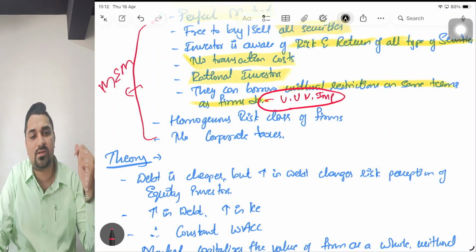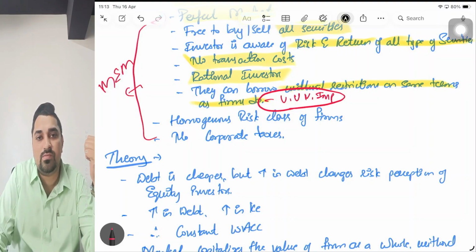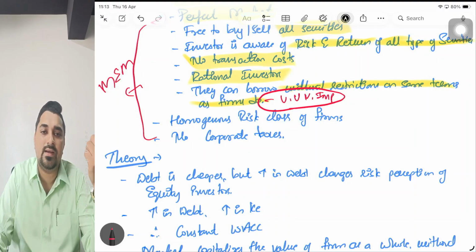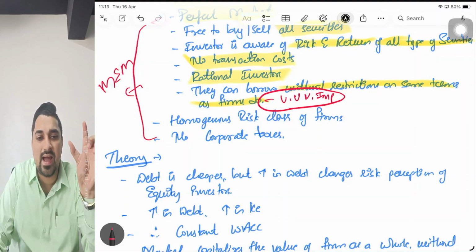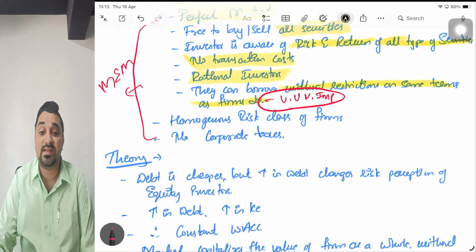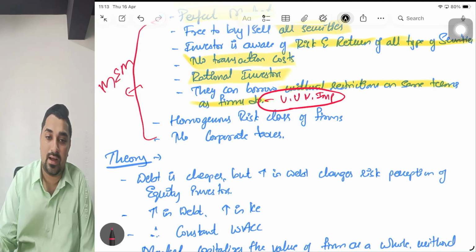Suppose I'm a shareholder of Reliance Industries Limited, and Reliance Industries can borrow money from the market at some interest rate. M&M is saying that as a shareholder, as an investor, I can also take a loan at the same rate of interest as was given to Reliance Industries. So individual investors can borrow without any restrictions on the same terms as the firms do. This is one of the very important assumptions made by M&M, which is totally impractical.